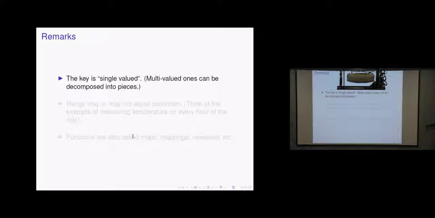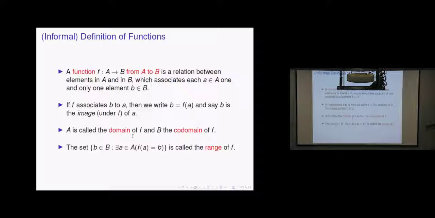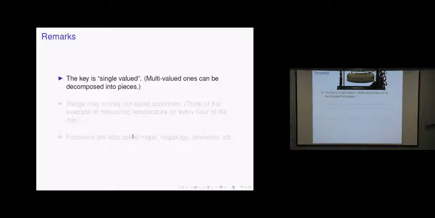Okay, so let's make some remarks about functions. The important message about a function is that it's single-valued. For each small a in A, we can only associate exactly one value. You cannot have two. Now, why?